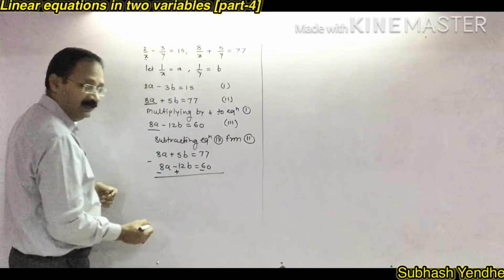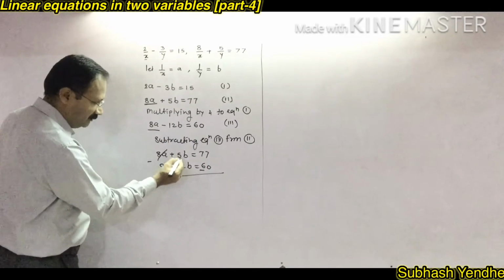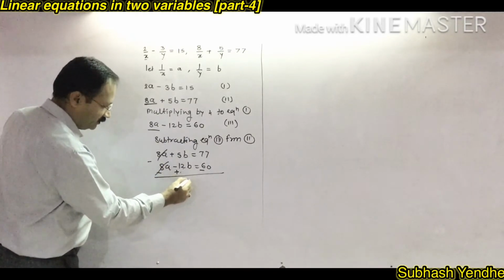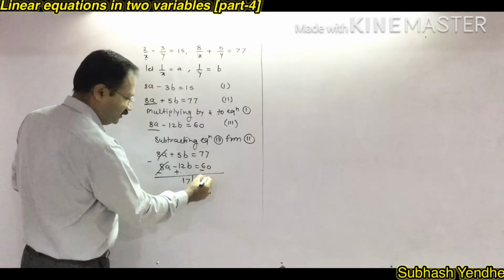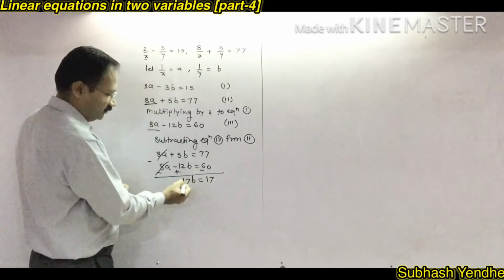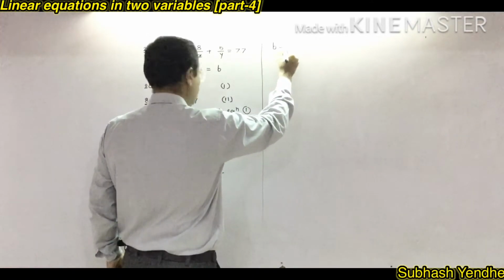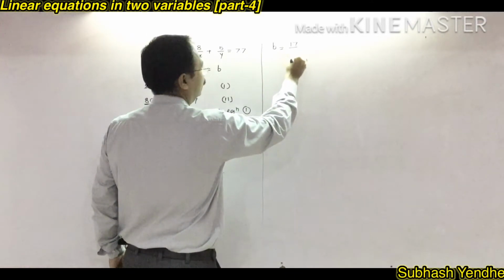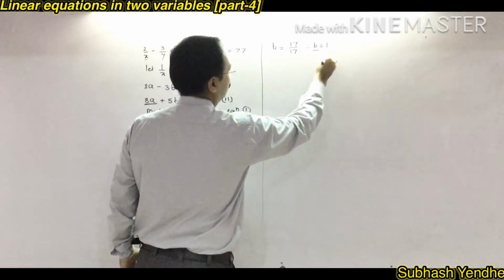So 8a will be cancelled. Here you get 5 plus 12, 17b, and 77 minus 60 is 17. So 17 goes to that side, and b equals 17 divided by 17.